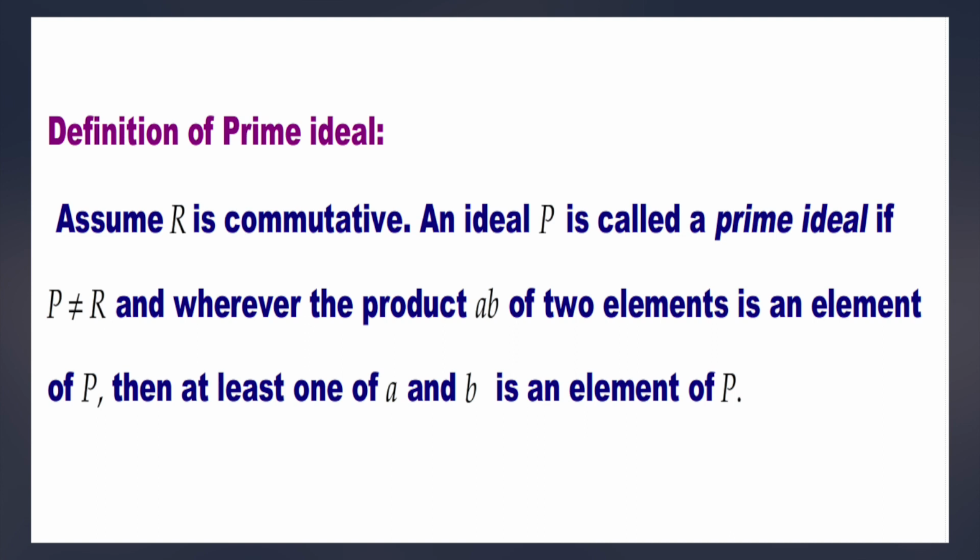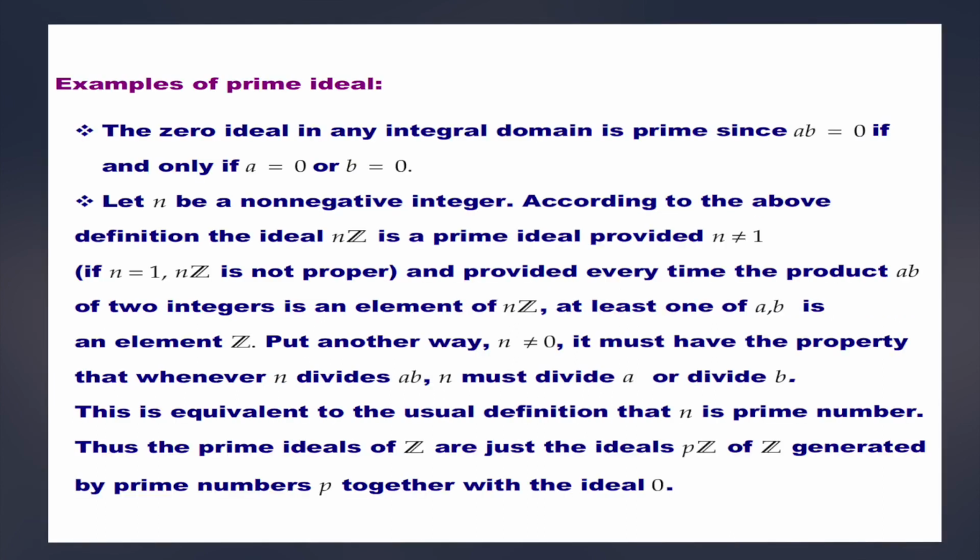An ideal P is called a prime ideal if P is not equal to R and whenever the product ab of two elements is an element of P, then at least one of a and b is an element of P. Some examples of prime ideals: the 0 ideal in any integral domain is prime, since ab equals 0 if and only if a equals 0 or b equals 0.